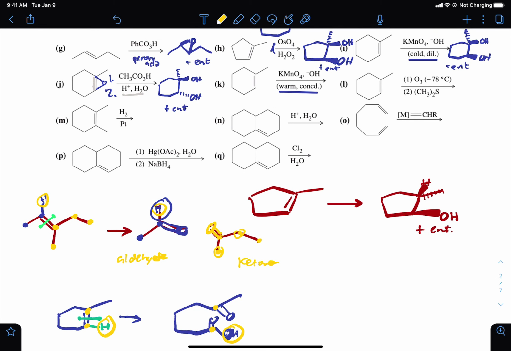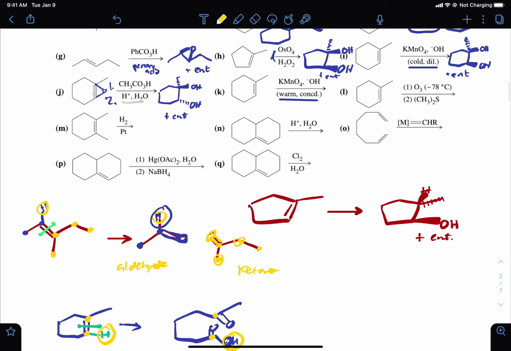Okay. They give us another ozonolysis reaction here, which is, notice it's the same starting material. It's the ring, same ring.